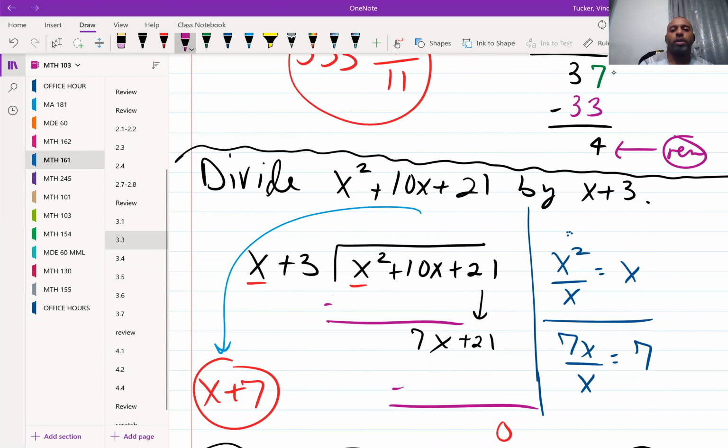So we want to divide x squared plus 10x plus 21 by x plus 3. Just like we did before, notice the positioning of what we're dividing. This goes on the outside and this goes on the inside.